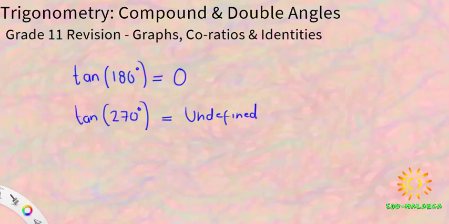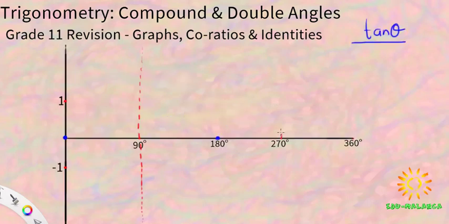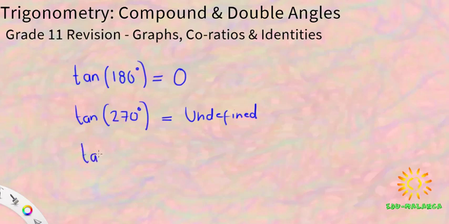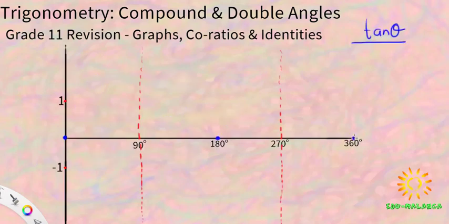So 270 degrees is also an asymptote. Let me draw that line as well. The last value for us to check is the tan of 360 degrees. If we put that into our calculator, we'll find another 0. So all we have is zeros and asymptotes.